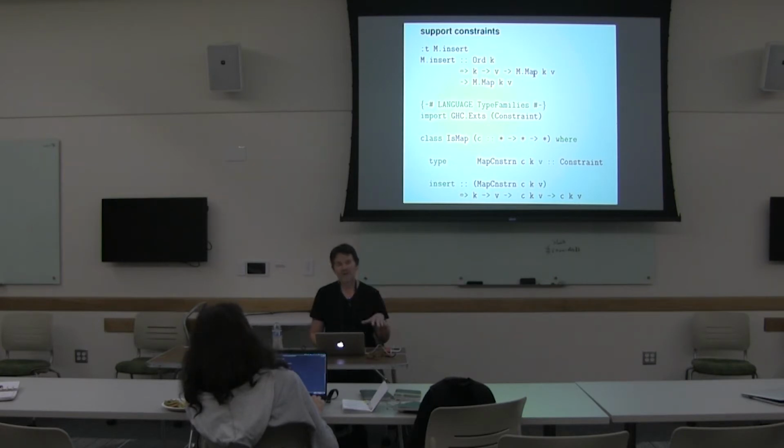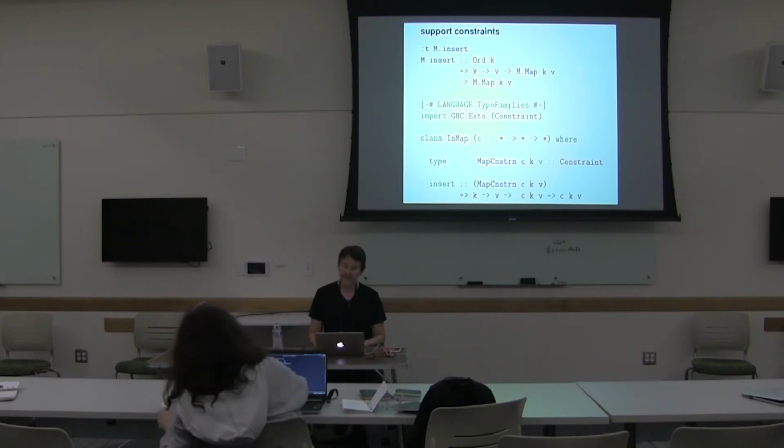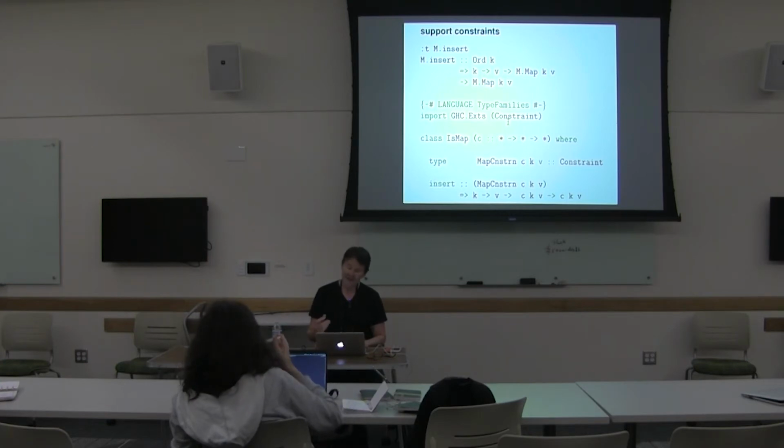So I need some way in this general mechanism to allow plugins to say what their constraints are. To do that, I turn on TypeFamilies and I import GHC.Exts Constraint. So here's that same class that we looked at a moment ago, definition in the beginning. And let's first look at the insert.